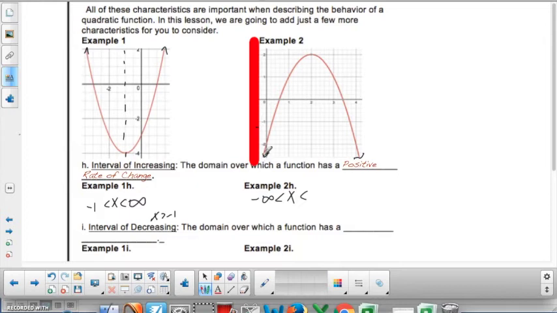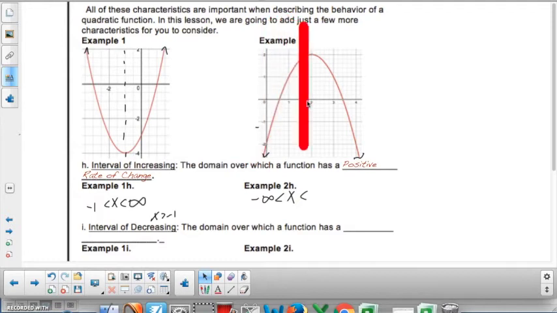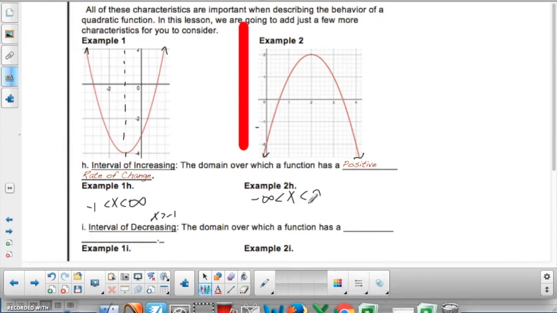It's always going to be increasing from negative infinity up until this vertex value right here at 2. Okay? Notice that on both of these, the turning point happened at that vertex. So that value you choose for your vertex and for your axis of symmetry is going to come up again and again and again as you work through these problems.